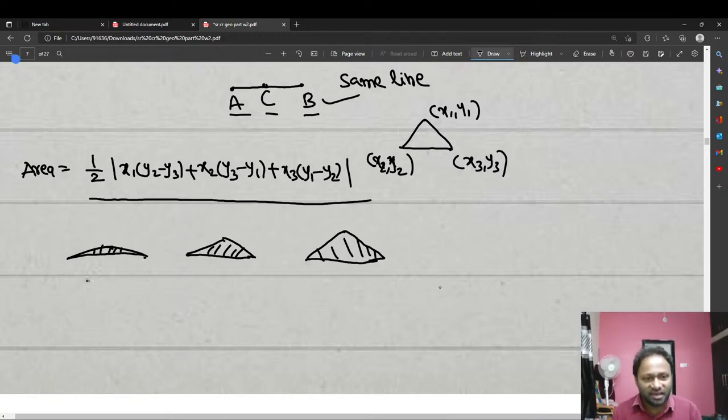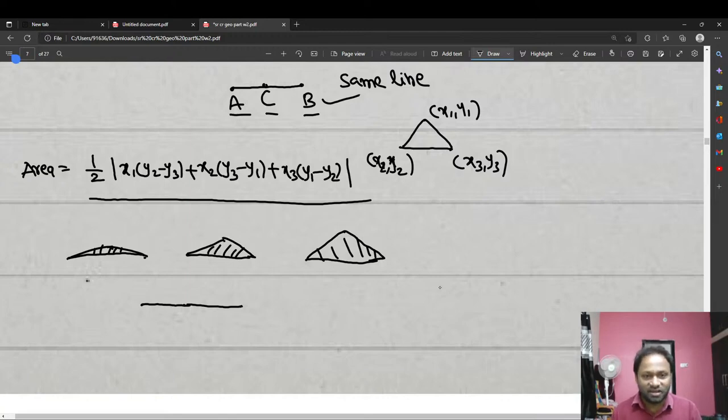Now I will take 3 points, join these, join these. Do you have any triangle? No. Of course, if there is any triangle, then the area of the triangle will be 0.